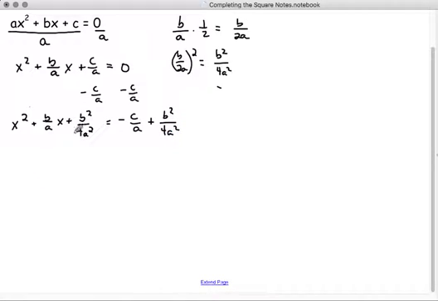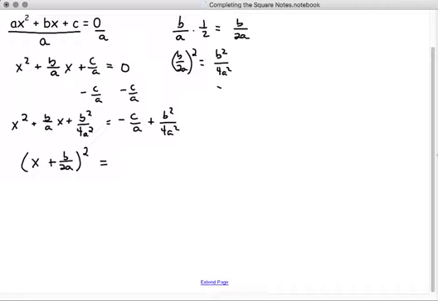Now this is a perfect square trinomial, which I can write as x plus half of the linear term, so b over 2a, squared, and that is equal to what I've got here.